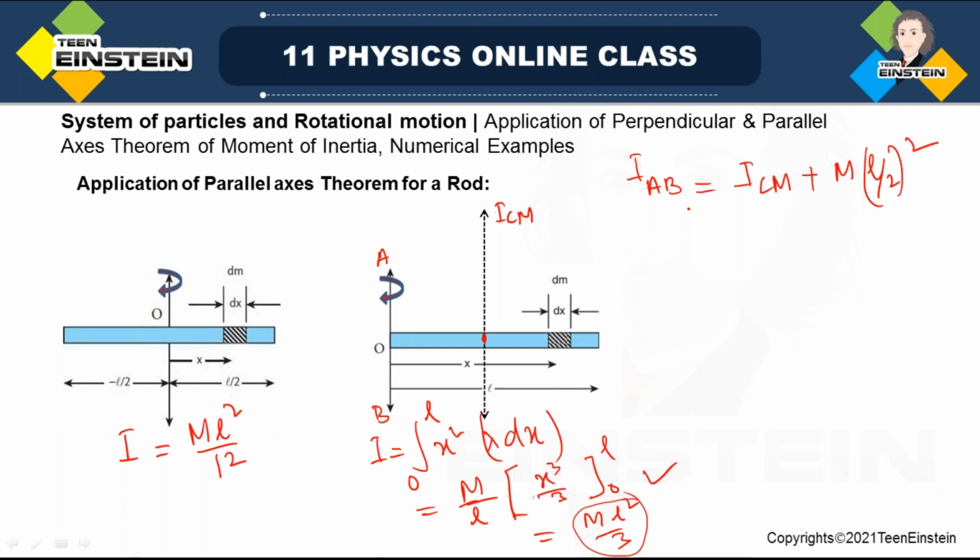I have already discussed what the parallel axis theorem is. If you want to calculate moment of inertia about any axis, you have to first know the moment of inertia about the center of mass.